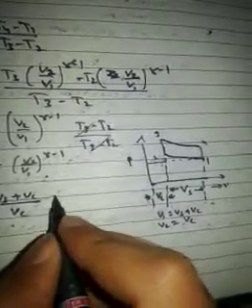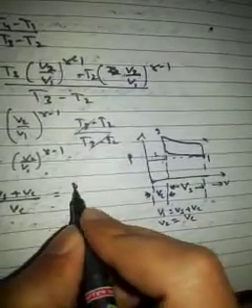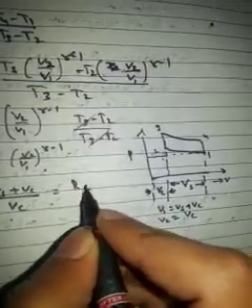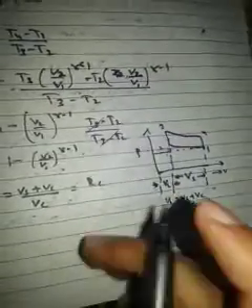So V1 over V2 is Rc, our compression ratio.